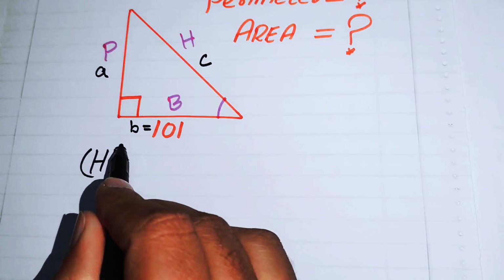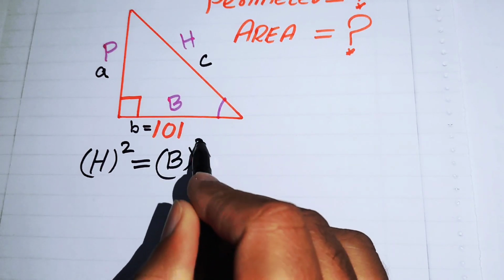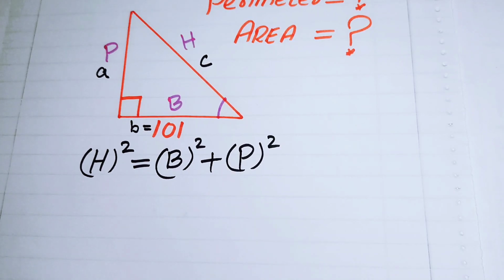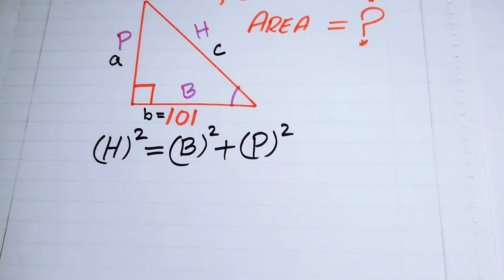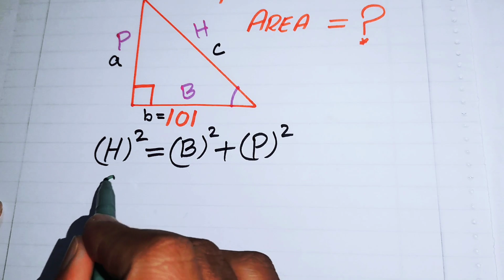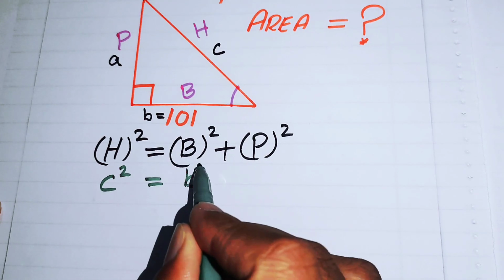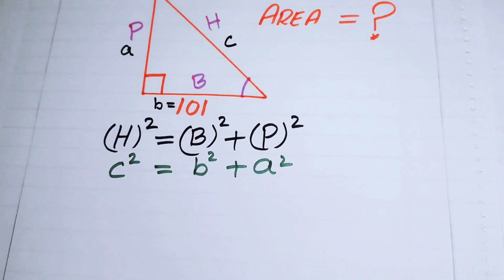It is written as the hypotenuse squared equals base squared plus perpendicular squared. Above, we have the values of hypotenuse, base and perpendicular. So I mention the hypotenuse as c, so you write c squared, and our base will be b squared and perpendicular will be a squared.